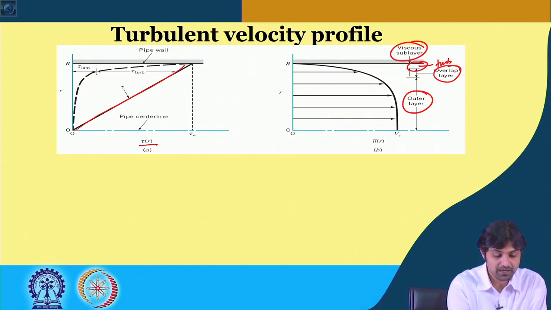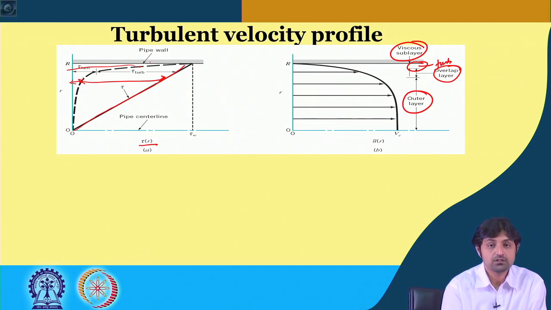Near the wall, the contribution of laminar flow is very high. But as soon as you move away from the wall, the laminar contribution compared to the turbulent contribution becomes less and less.